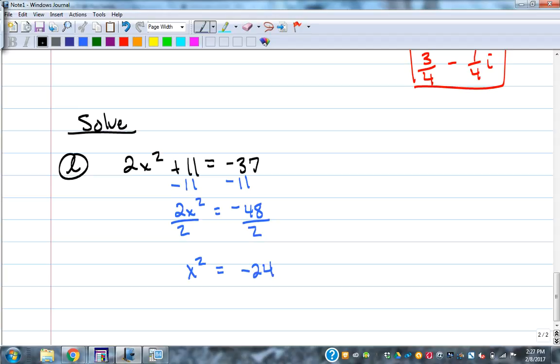Now, yesterday, if that happened, we'd have had to say no solution. But today, we can answer that. I don't think any of the problems in your homework had that. But so we're going to take the square root of both sides. Plus or minus is still involved. That doesn't go away. So we think about 24 breaking down.